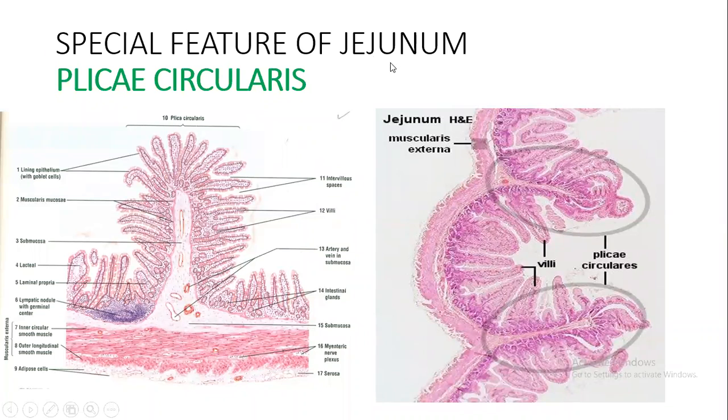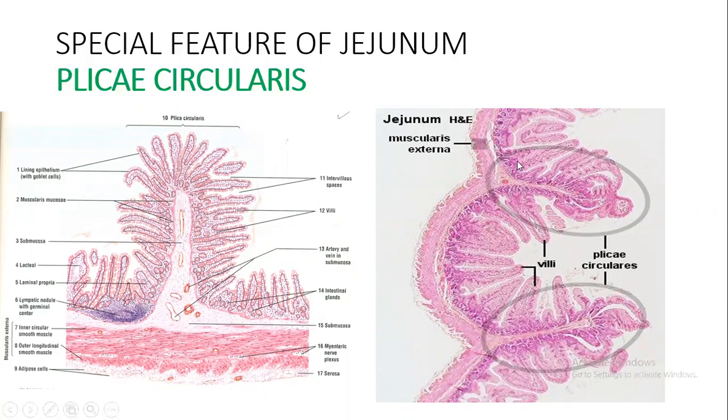A special feature of the jejunum is prominent plicae circulares. Plicae circulares are the circular permanent folds seen in the small intestine, and they consist of mucosa along with submucosa. They appear in the distal duodenum, are present throughout the jejunum where they are most prominent, then are present in the first part of the ileum, and after that they disappear.